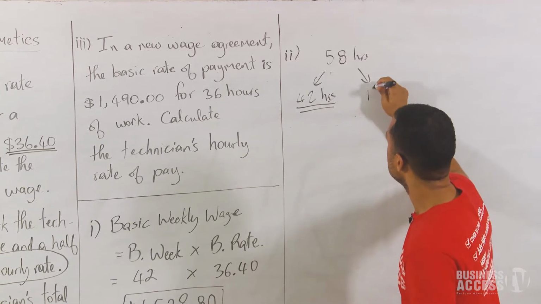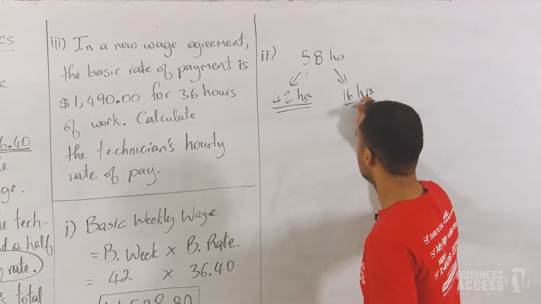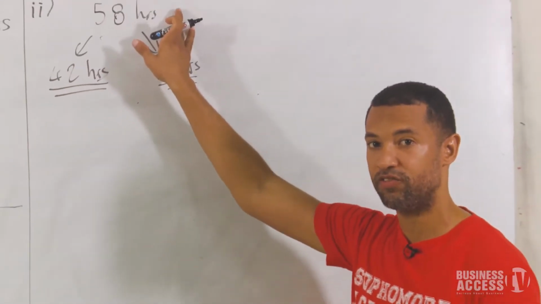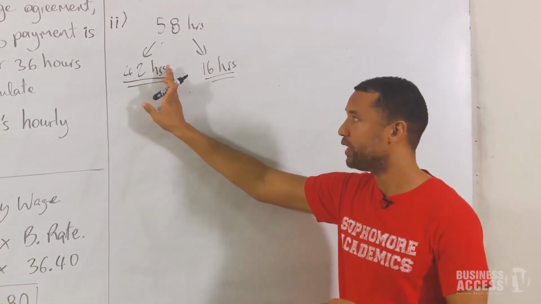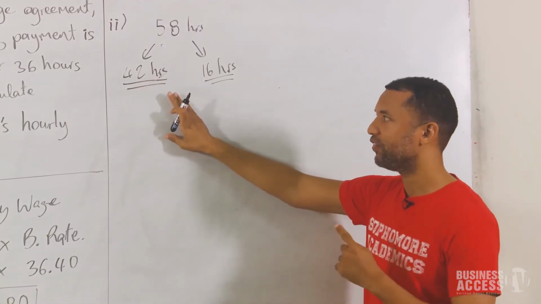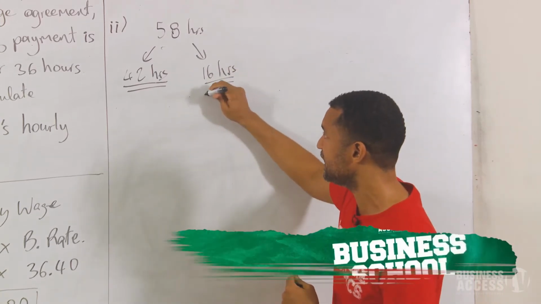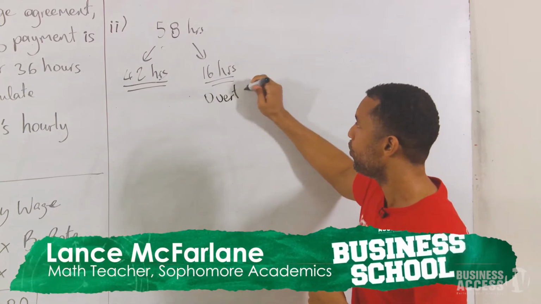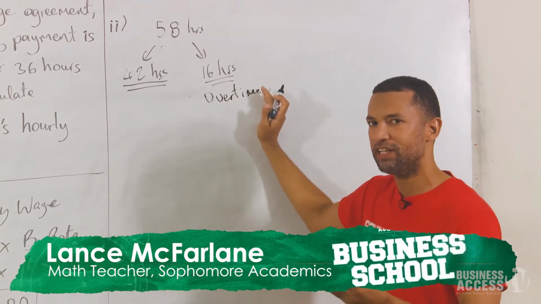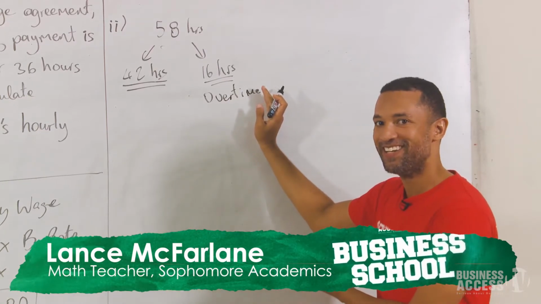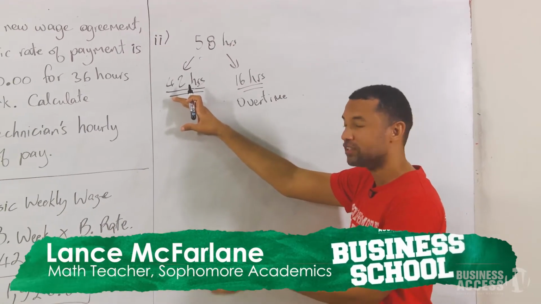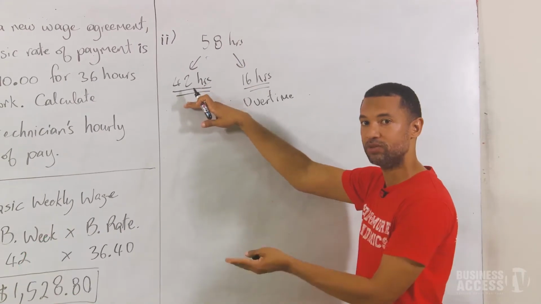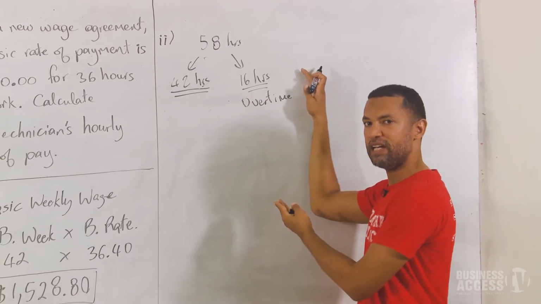It would be 16 hours. You all see how we got the 16 hours, right? Because 58 hours in total, 42 was basic. So what is 58 minus 42? That's 16 hours.